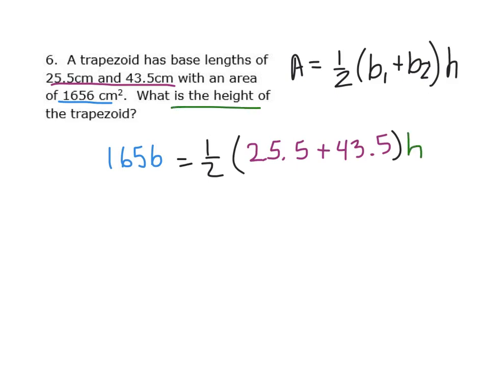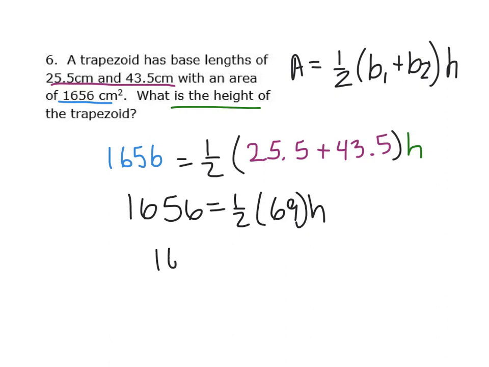So following the order of operations, add what's inside the parentheses first. So this is going to be 1656 equals 1/2 of 69 times h. Take half of 69 or multiply both sides by 2. I'm going to take half of 69, so it gives me 1656 is equal to 34.5h.